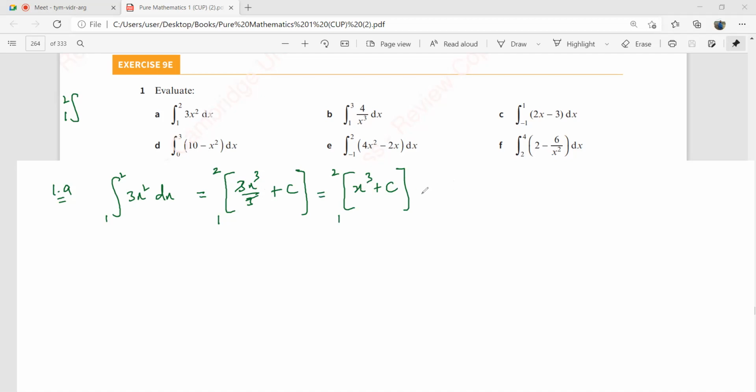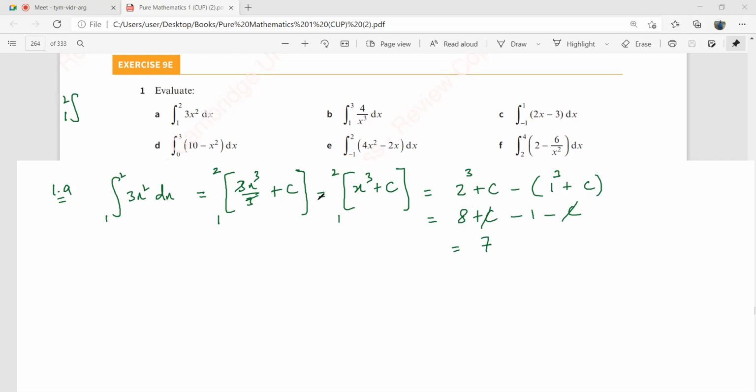When you do that, this would be 2 cube plus c, and then minus 1 cube plus c. This c will eventually be cancelled out. This is 8 plus c minus 1 minus c. So there is no need to write the c.